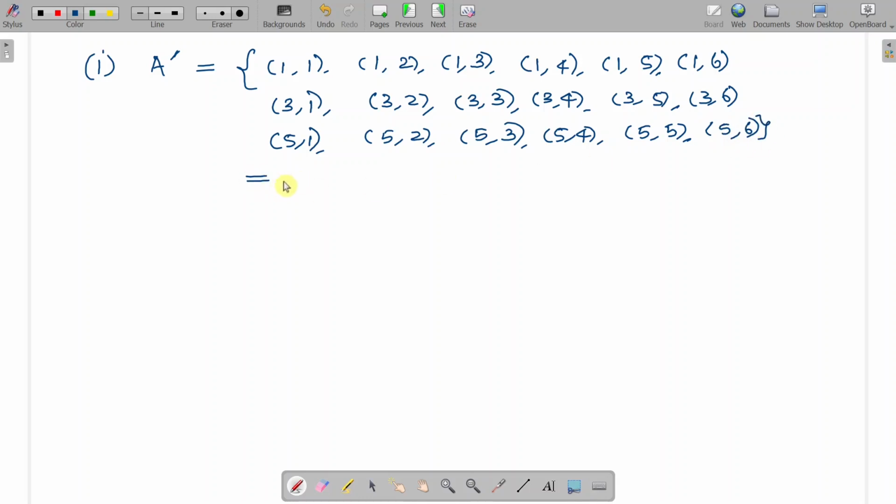And if you observe this set, it is nothing but set B, right.